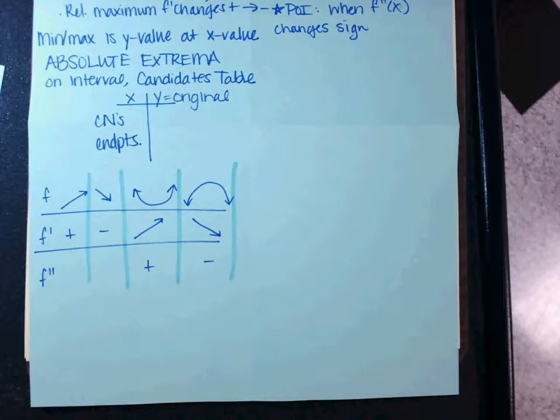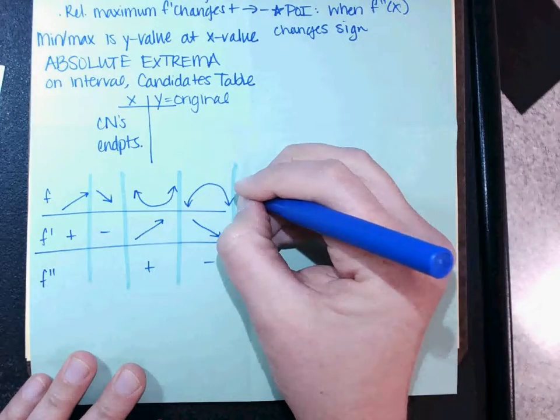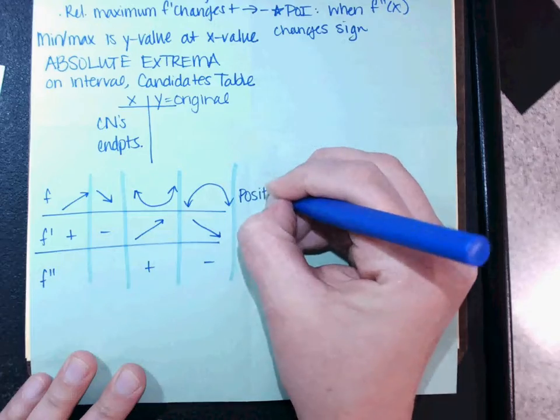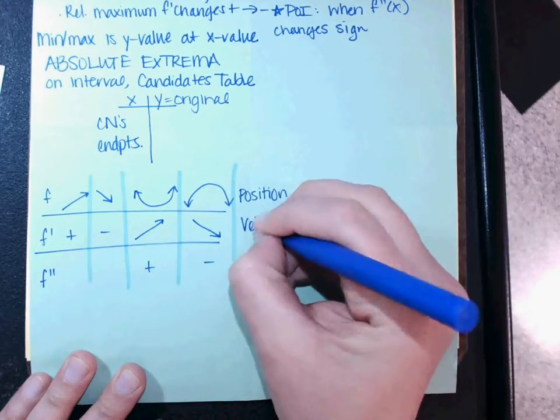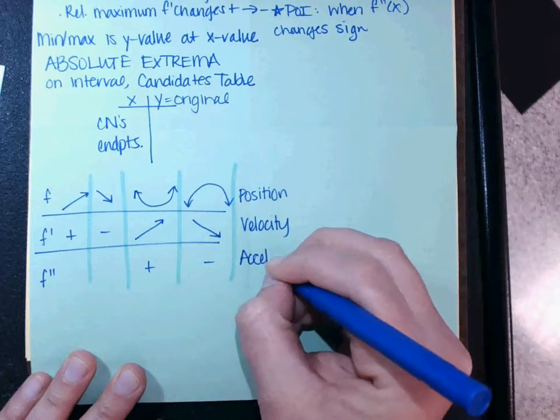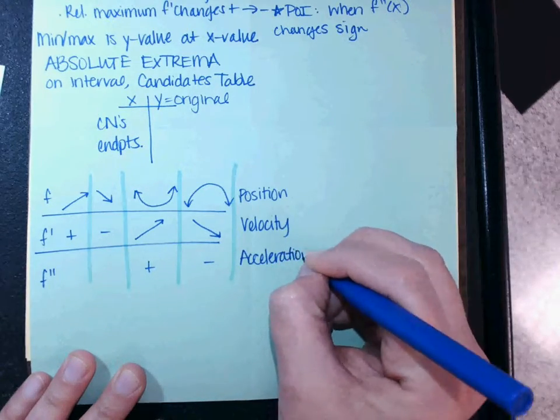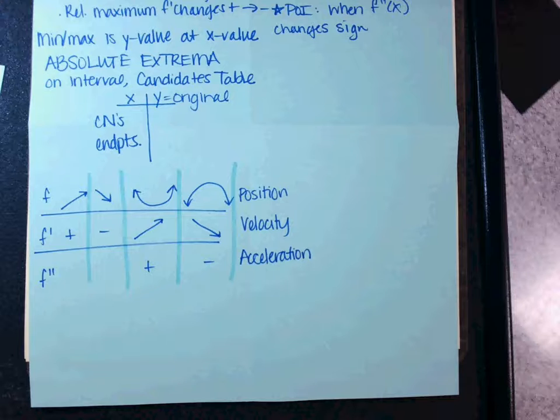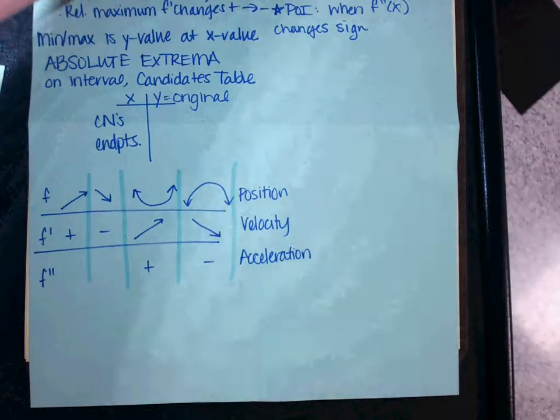You could also label each of these as your position, which describes your velocity, which describes your acceleration. Okay, so all of those relationships would be consistent with the original and the first and second derivative.